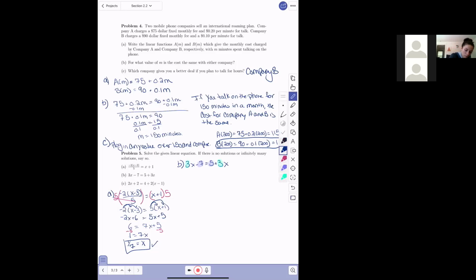So coefficients are the same, but constants are different, which means no solution.